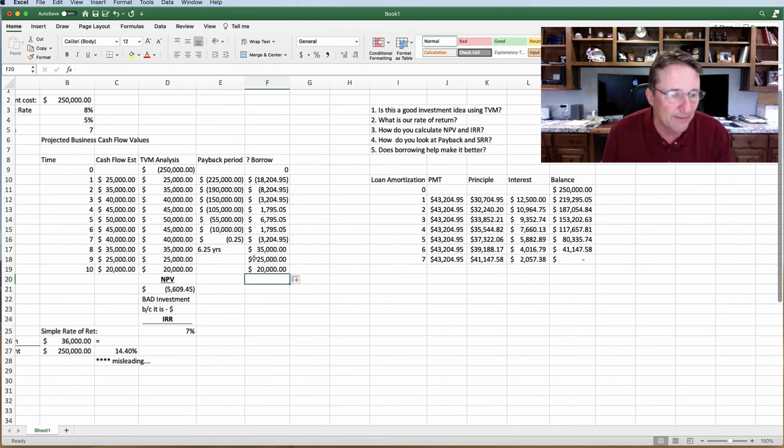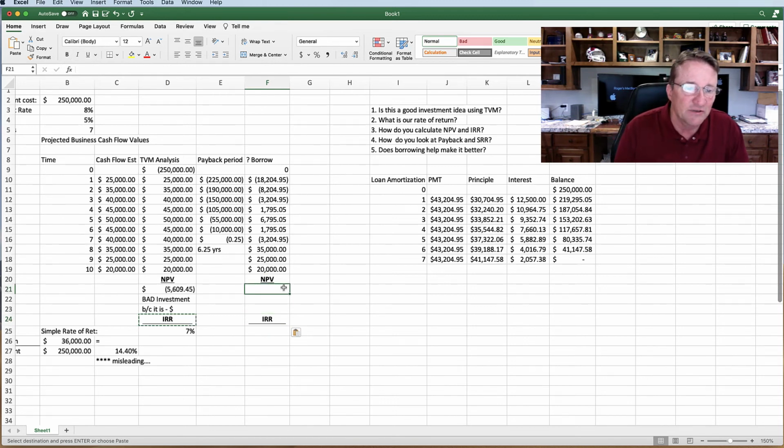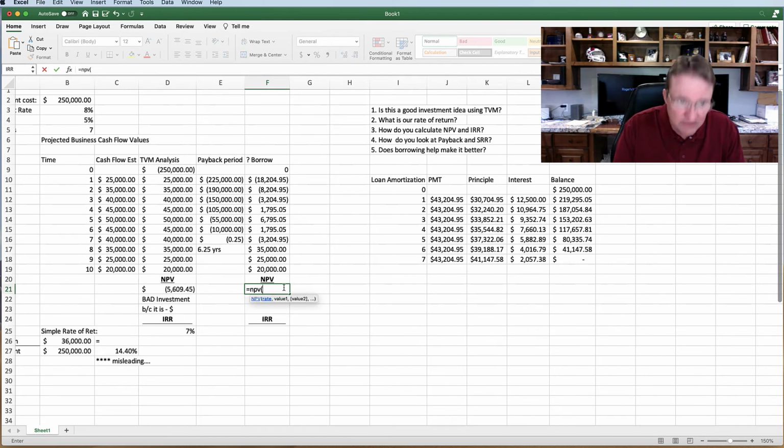All right, what about the same analysis? Let's do that. So let's just copy that and borrow that. Let's calculate it. What's the NPV now? Equals NPV, parentheses, still got a rate, opportunity cost of money, risk.